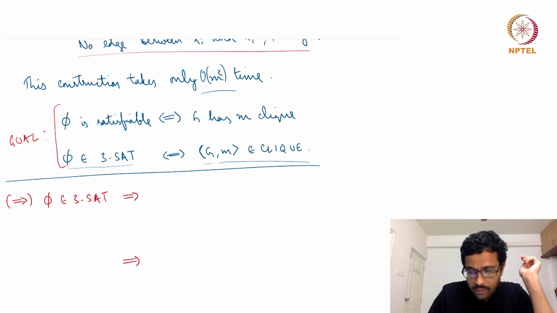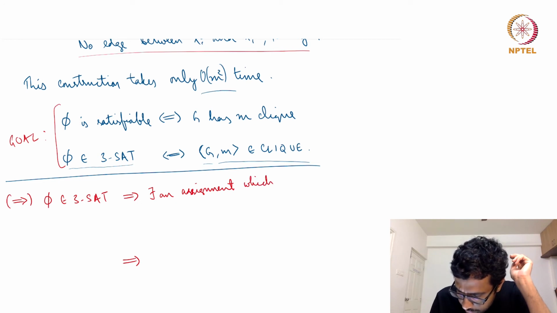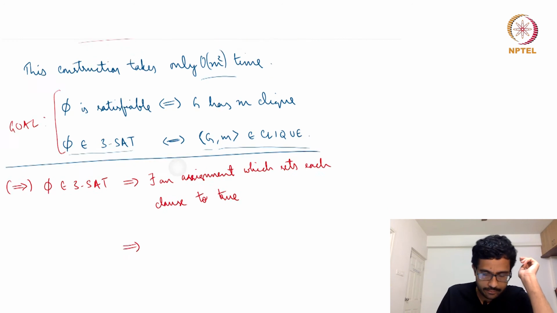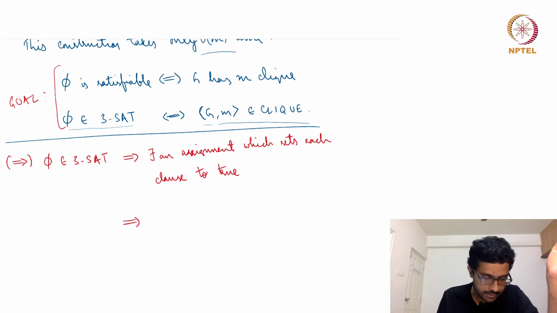So what does it mean to say the formula is satisfiable? It means that there exists an assignment which sets each clause to true, right? There is a way to assign true or false to the variables so that each clause is true, because it's an AND of the clauses.